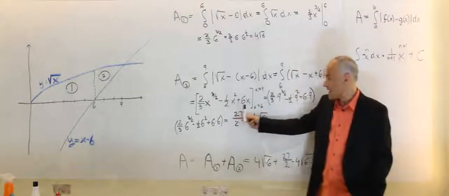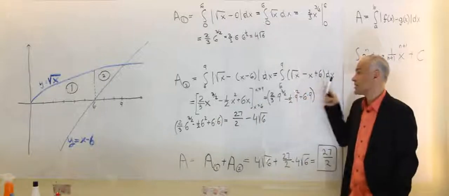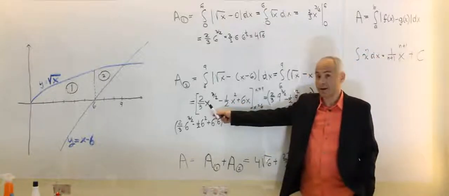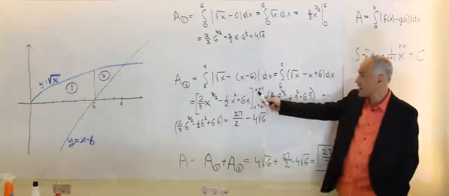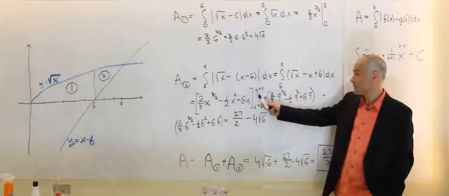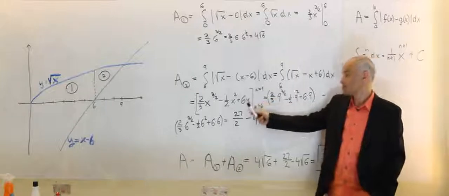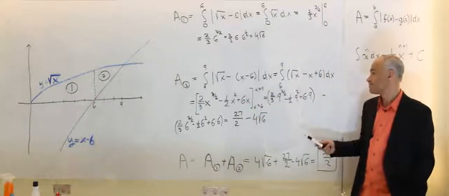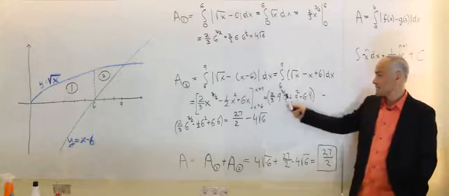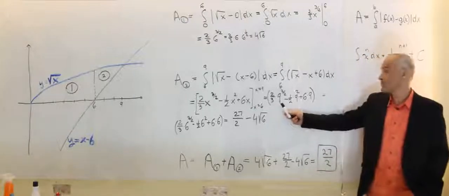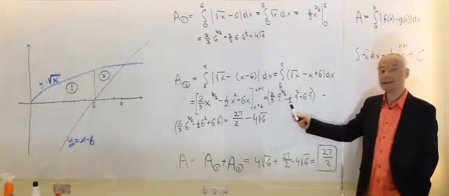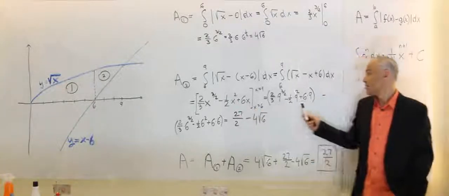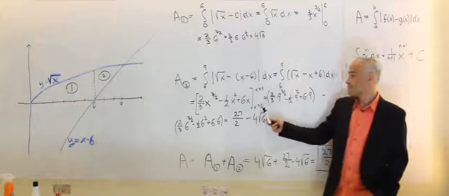Here is an antiderivative of this expression. We did it term by term. And then I evaluate that antiderivative at 9 and subtract from it this antiderivative at 6. So at 9 I get this expression, 2/3 9 to the power 3/2 minus 1/2 9 squared plus 6 times 9.